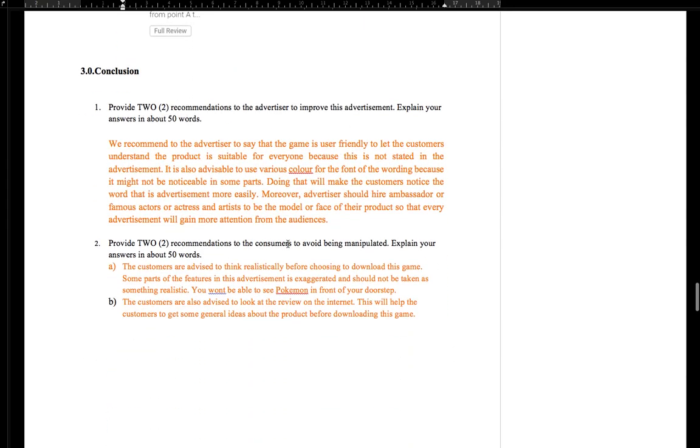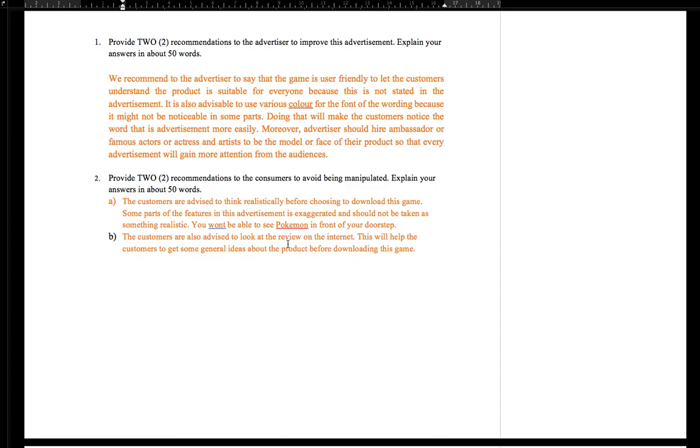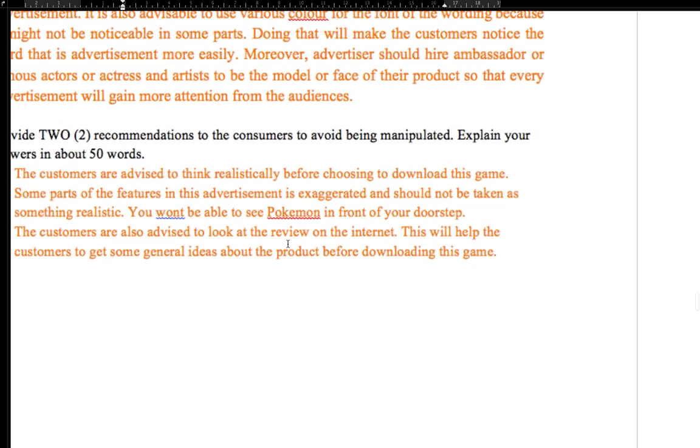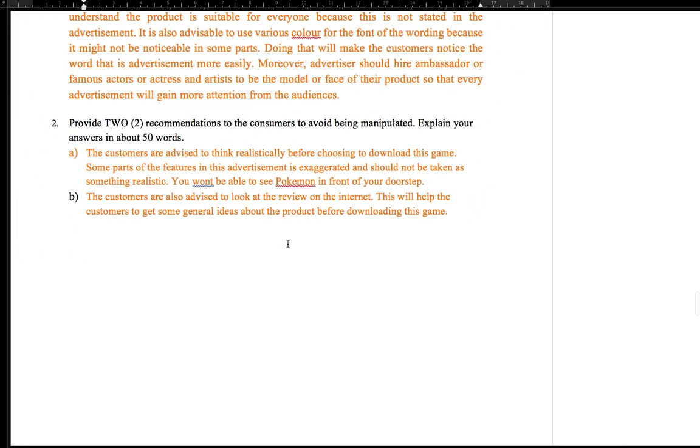Now for the consumers, what are some recommendations or advice that you want to give to them? Number 1, I just want to highlight that the customers are advised to think realistically before choosing to download this game, because some part of the advert was exaggerated and not very realistic. Okay.